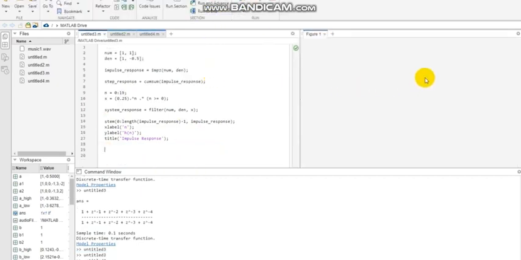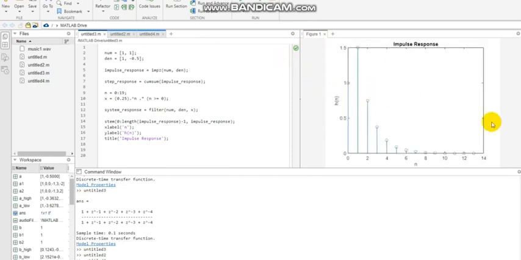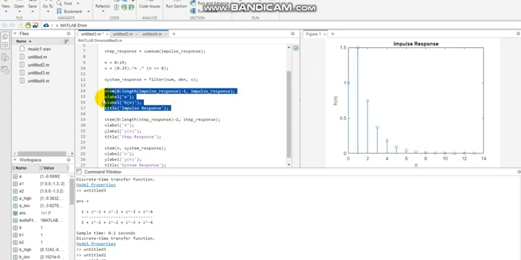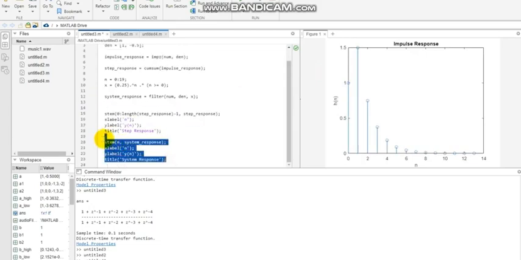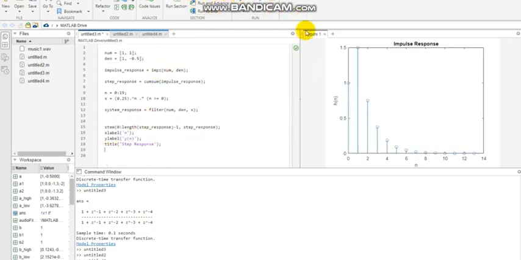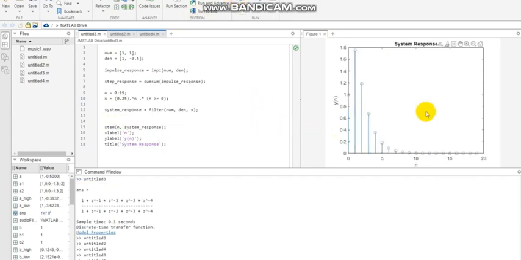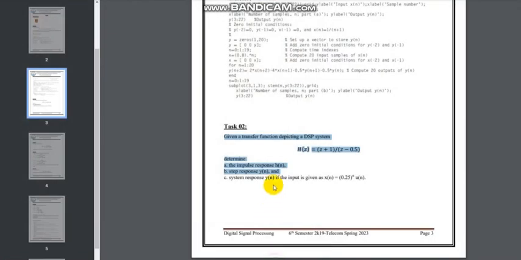So first, impulse response. This is the impulse response of the system. Now we will remove the impulse response and take the step response values. Now the final system response we get, and this graph is showing the system response.